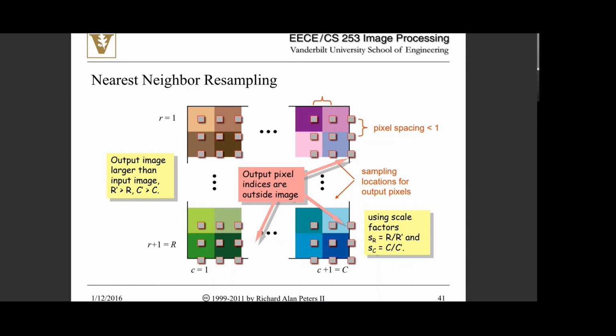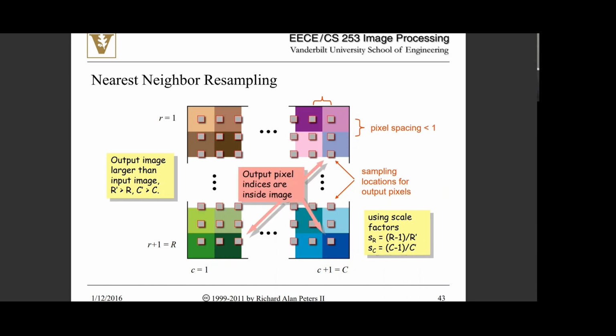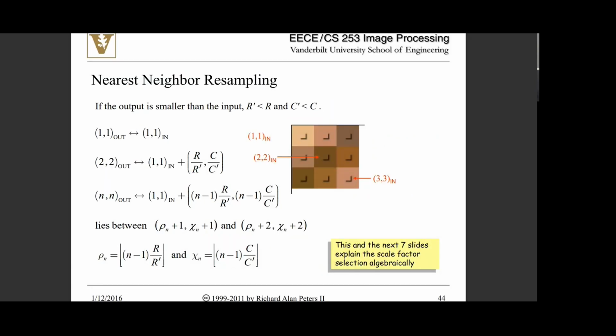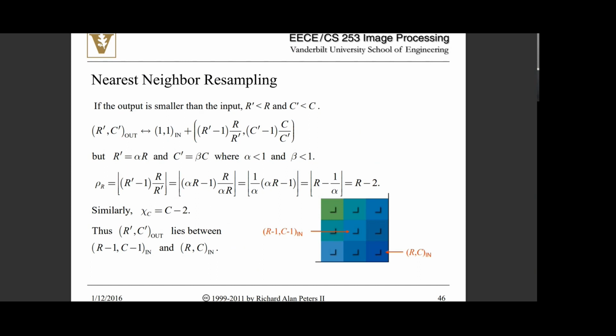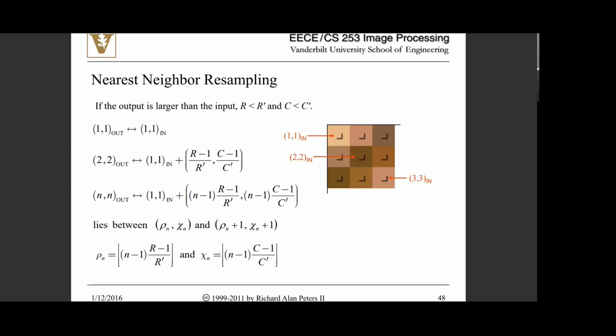So you will have to round it to the closest point that you have. Okay, so this is nearest neighbor interpolation. So it is a very simple interpolation, but as we have seen, it is not very good. Okay, so I'm skipping all these. There are small details that we are not interested in now.